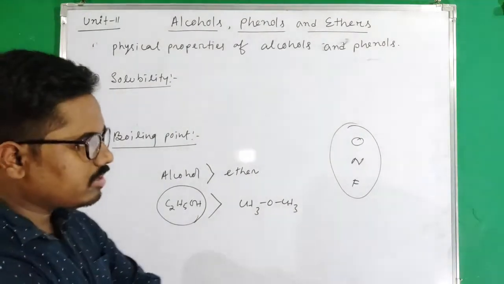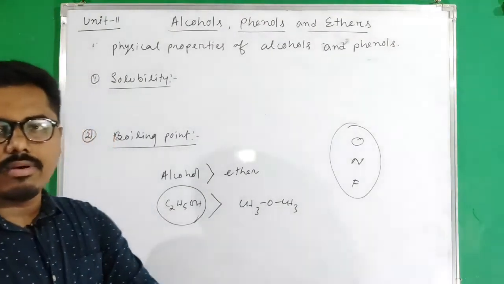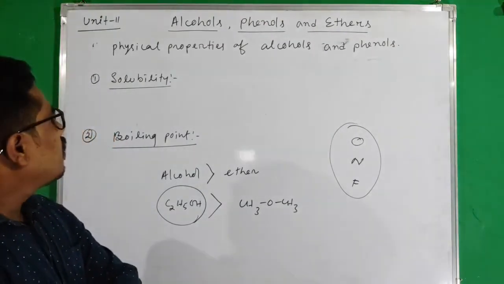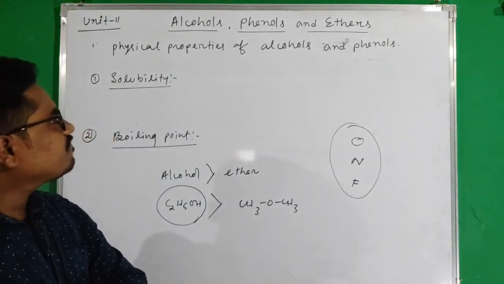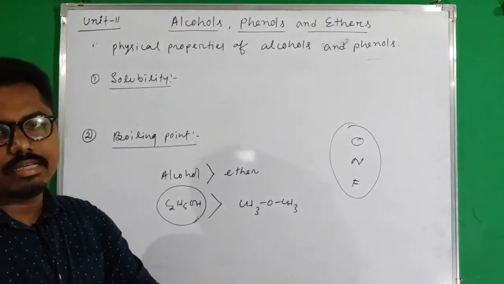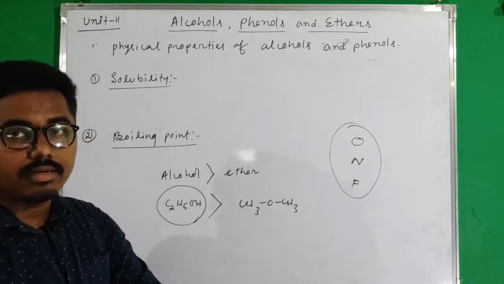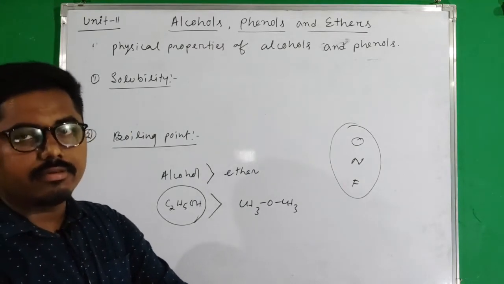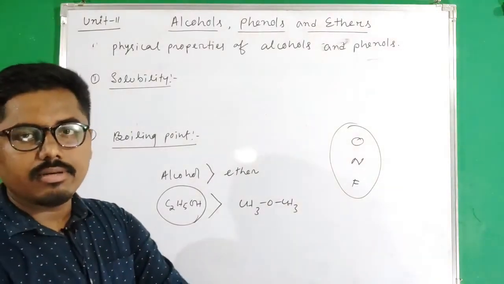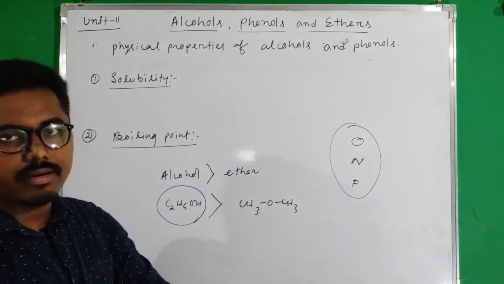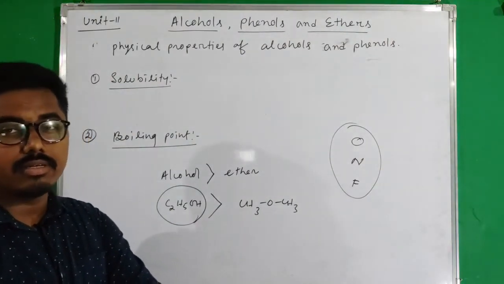Okay, again a question may ask, explain why lower alcohols are soluble in water. The reason is the same. Lower alcohols can form intermolecular hydrogen bonding with water. Therefore lower alcohols are soluble in water. Okay, but higher alcohols are insoluble in water.